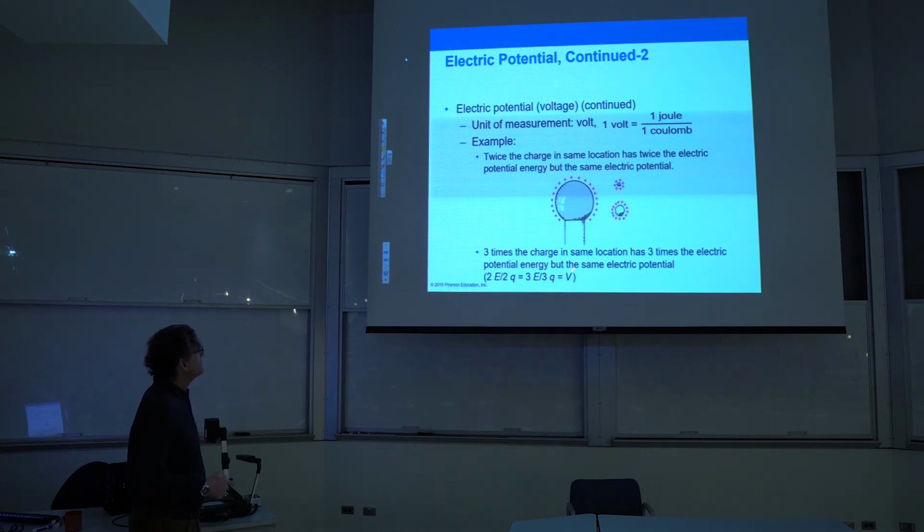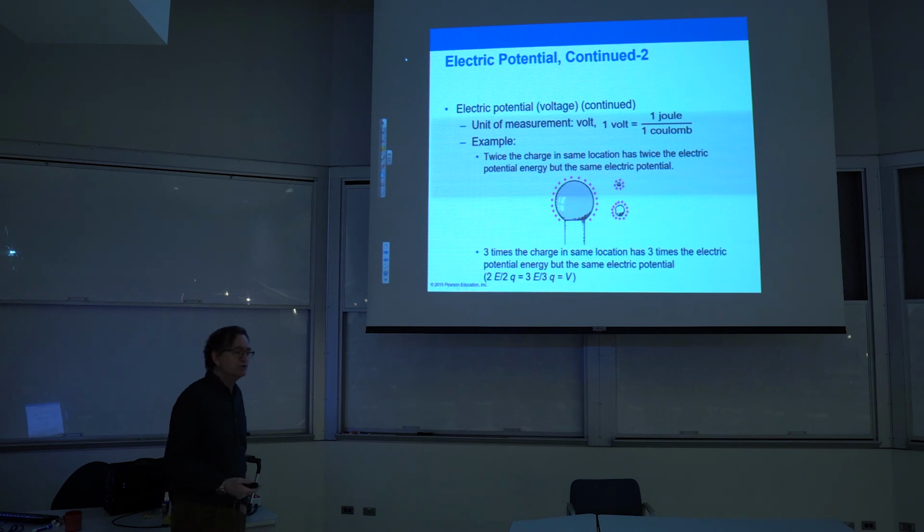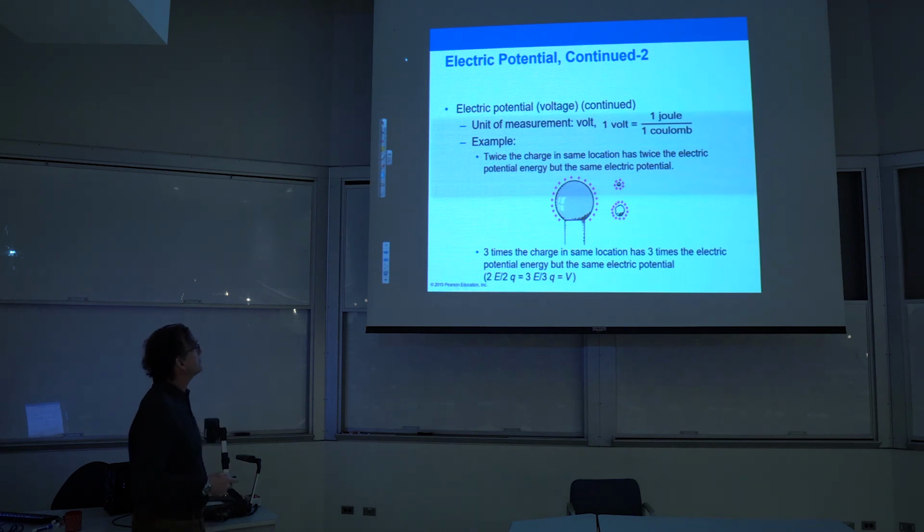So if I have 3 times the charge in the same location, it will have 3 times the electric potential energy, but the same electric potential. So electric potential is the voltage, and it's describing the amount of pressure or force that it can exert on a nearby object without actually telling us how much charge that nearby object has. And so we call that a joule per coulomb.